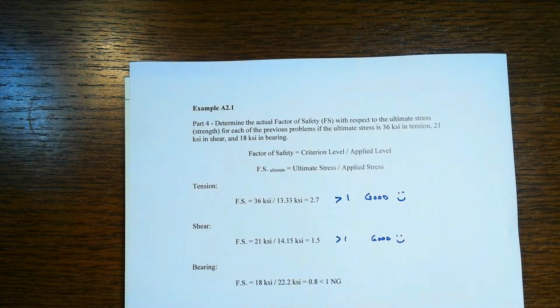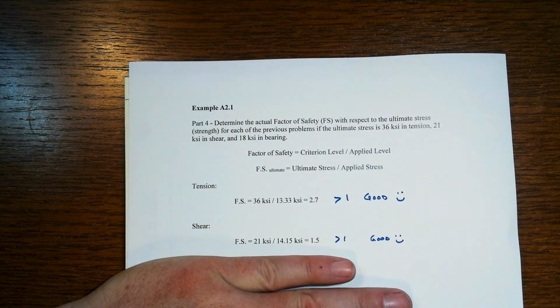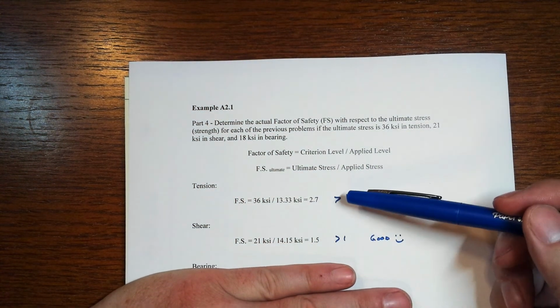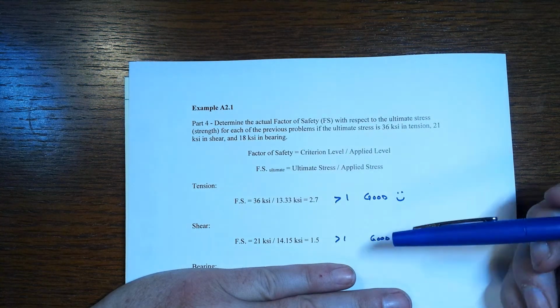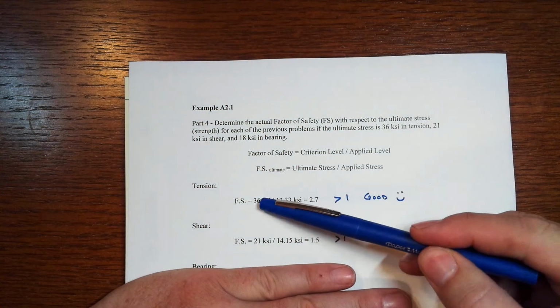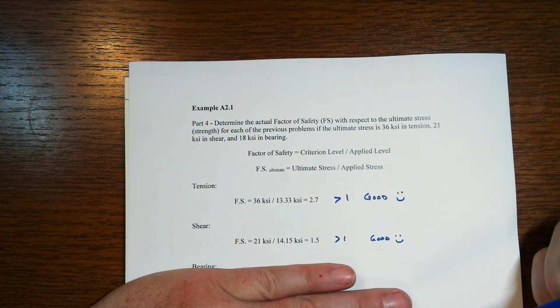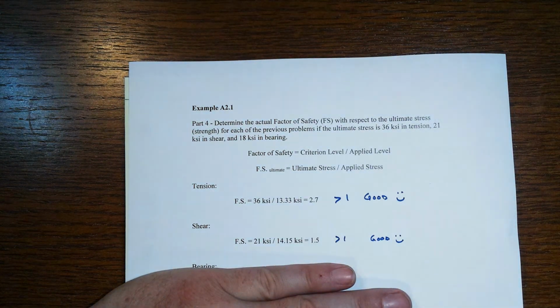Right now, don't look at the bottom one yet. What happens if we have a situation like this and the thing still falls down? Well, wait a minute, what's going on here? This criterion stress that we've used is not necessarily a precise number. It's a little bit of quality control in manufacturing the piece, but there's always some natural variability going on.